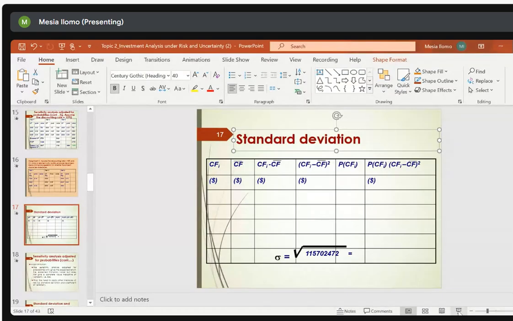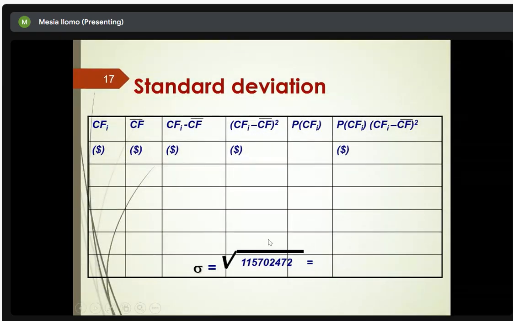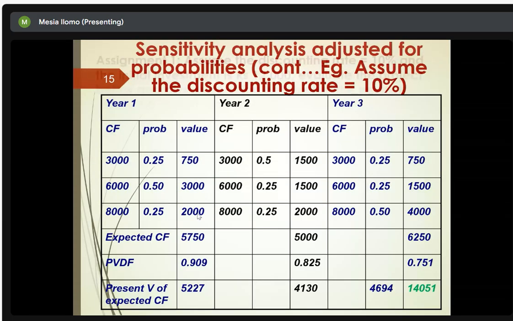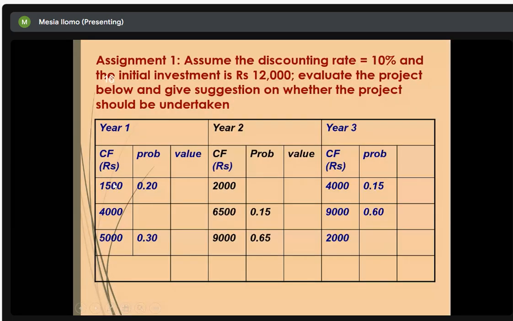So using that example, you have the cash flows, and then you have the mean cash flow. The mean cash flow for year one is going to be how much? 3,800. Yes. And what are the cash flows for year one? You have 1,500, 4,000, and then 5,000. So these are the cash flows.